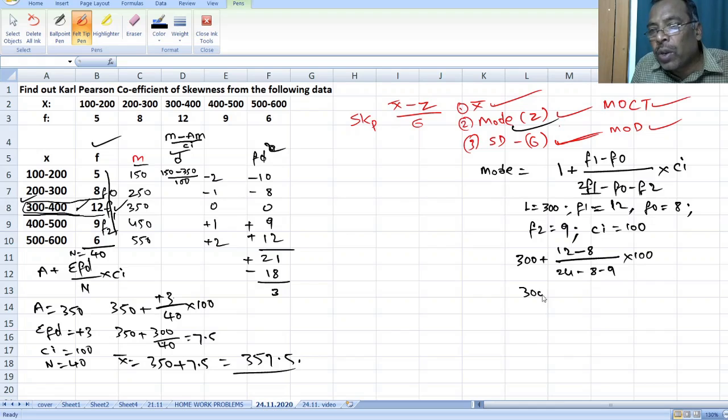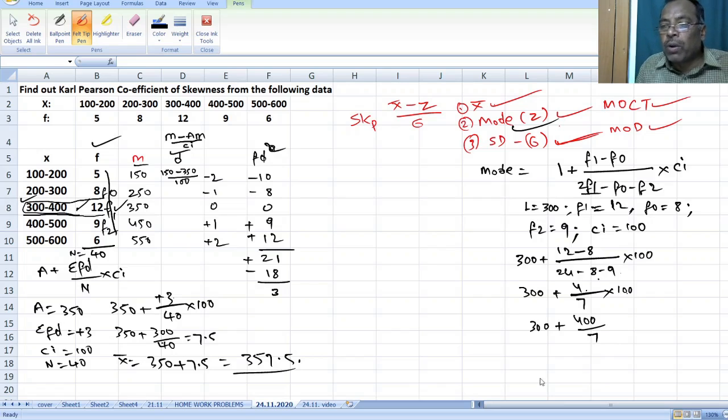Subtracting 8 from 12 gives 4. Subtracting 8 plus 9, which is 17, from 24 gives 7. The multiplier is the class interval difference, which is 100. Now 300 plus 4 into 100, that is 400 divided by 7.